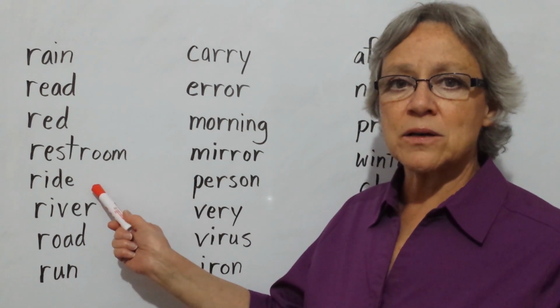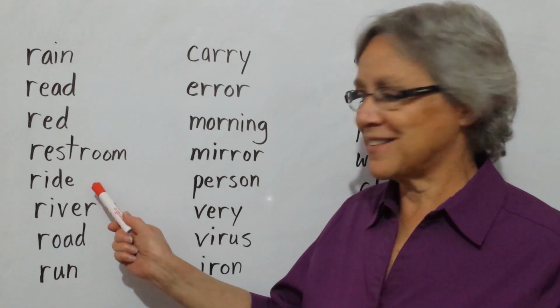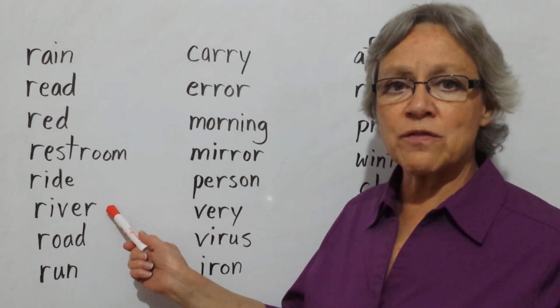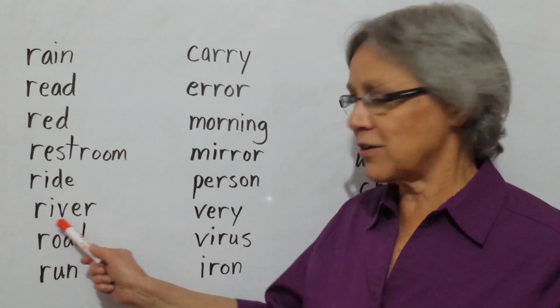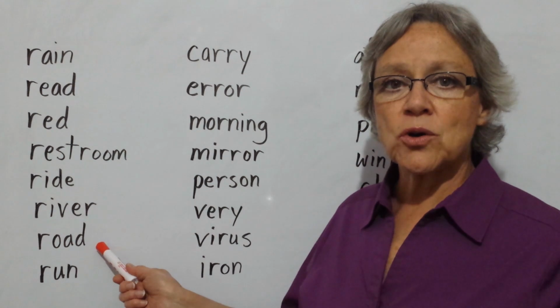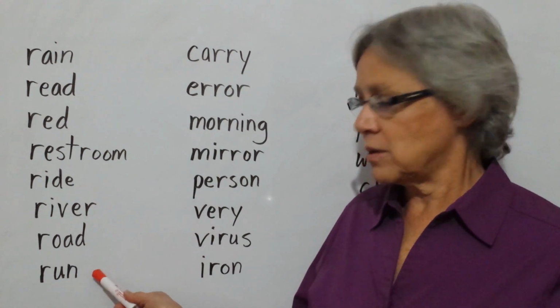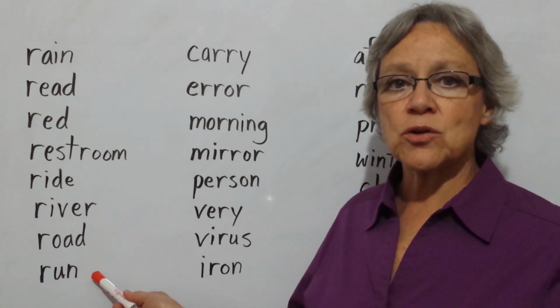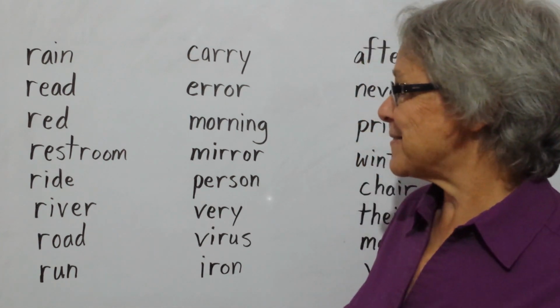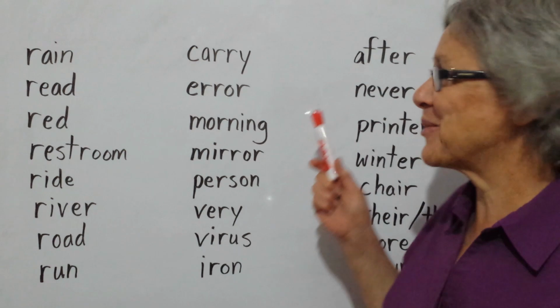Ride, ride. River, river. And we have an R here at the beginning and at the end. Road, road. Run, run. Okay? All right. We'll just go into the next column, okay?